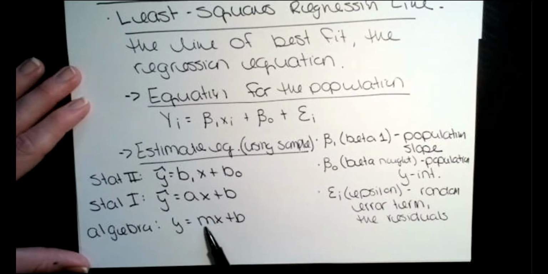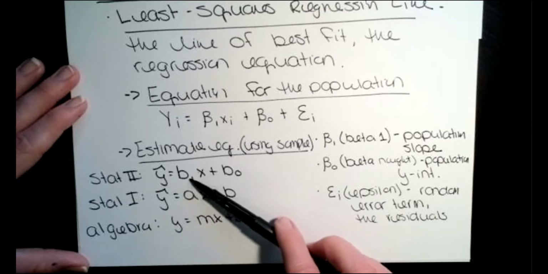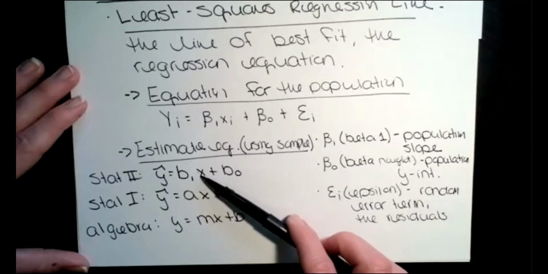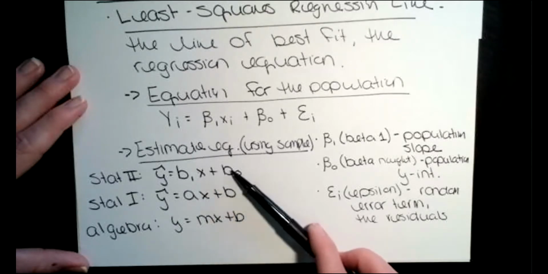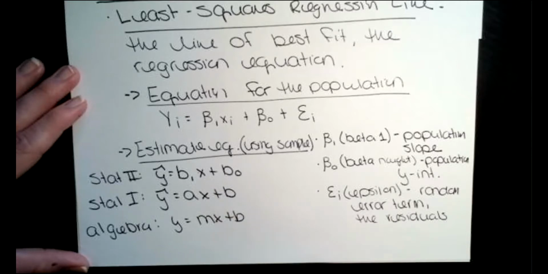It doesn't matter if we use m like we do in algebra. It's the slope of my line. So here, it doesn't matter if we use b1, right? It's still just the slope of my line. So it shouldn't matter when we're looking at an equation of a line what symbol or notation we use for the slope. We know it's the number in front of x, right? And when we're adding or subtracting another number, we should know that is our y-intercept.